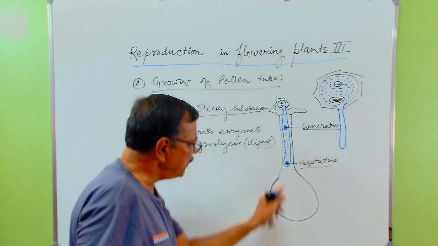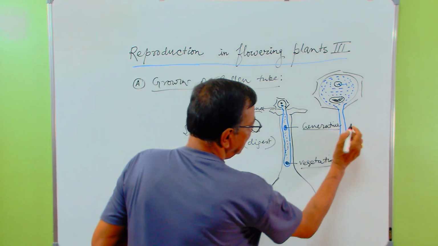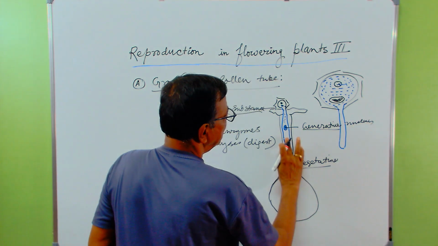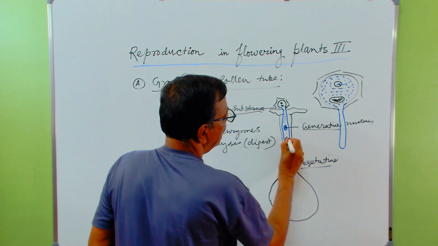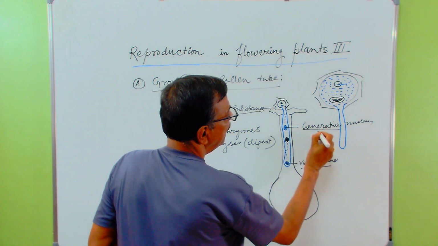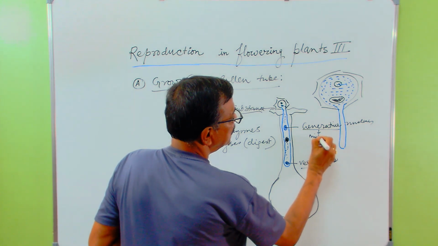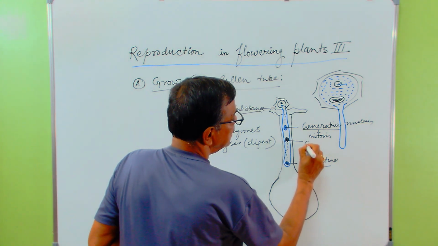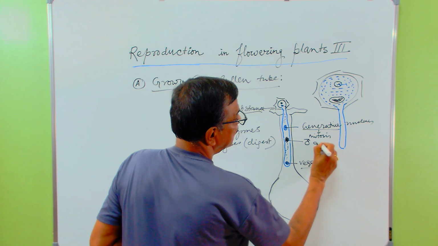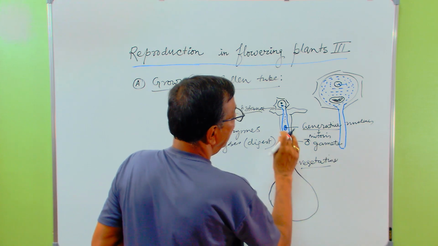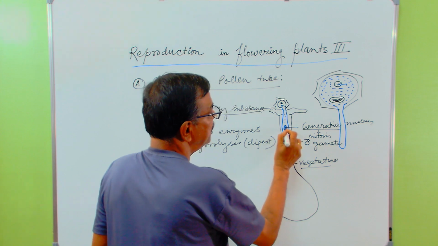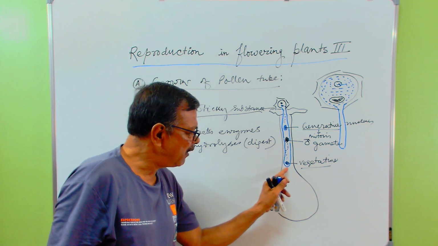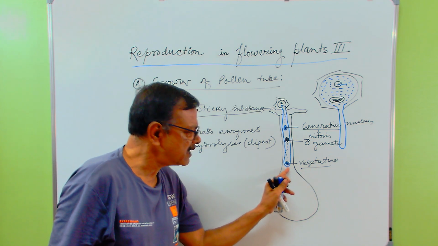Now, during this period, the generative nucleus mitotically divides into two. It is male gamete, and this is another one. So one male gamete, two male gametes, followed by a vegetative nucleus.